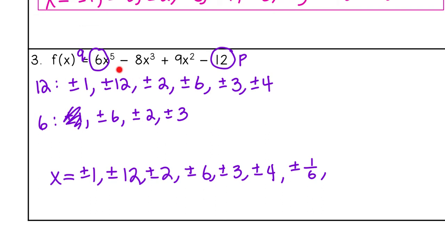Then I have 12 over 6, but 12 divided by 6 is 2, and 2 is already on the list, so we don't need to worry about that one. 2 over 6 simplifies to 1/3, so we need that one, plus or minus 1/3. 6 over 6, but that's 1 and it's already on the list. 3 over 6, that's 1/2, so we'll write that.